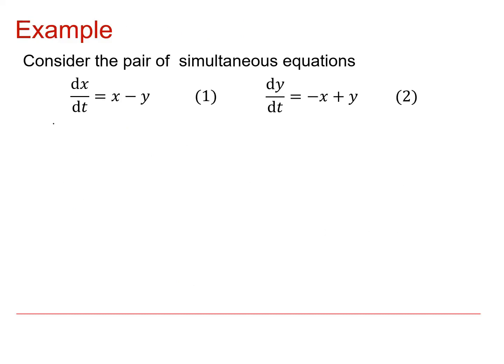So let's have a look at this example. I've got this pair of simultaneous differential equations, and I'm going to take the second equation and rearrange it to give me that x is equal to y minus dy by dt.